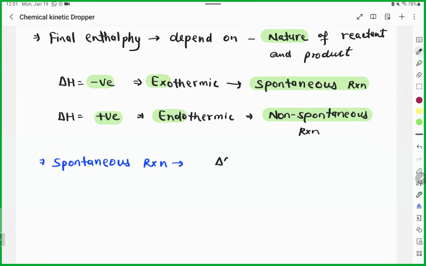What will be the values of delta G, delta S and delta H, these three values in thermodynamics? So delta G will be negative.